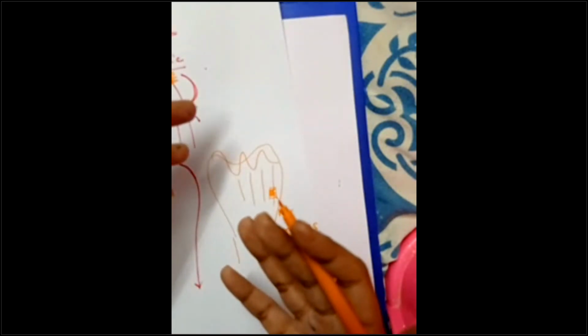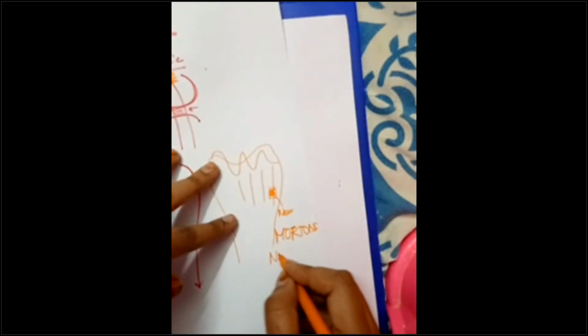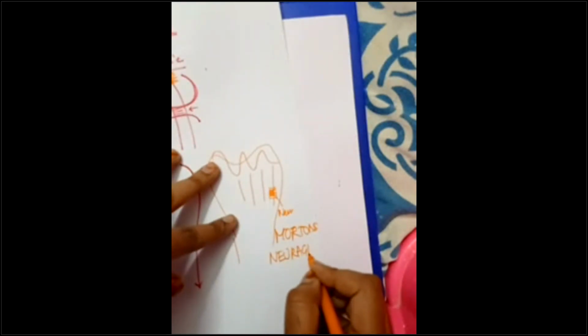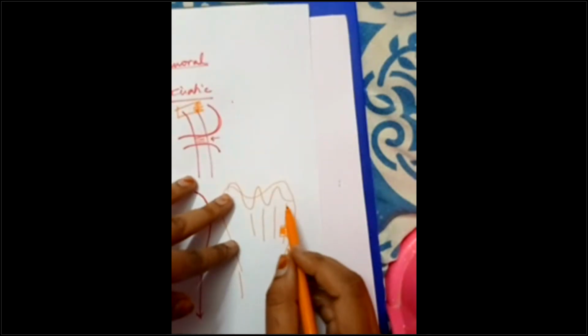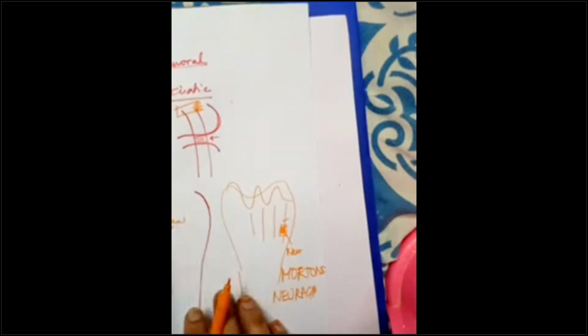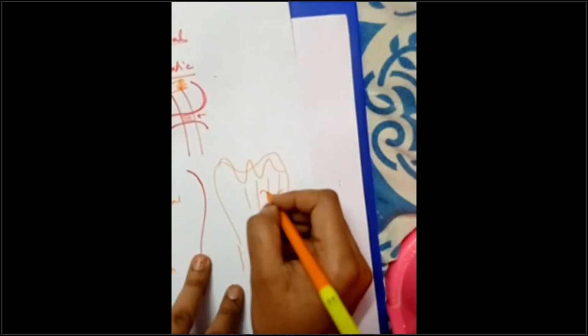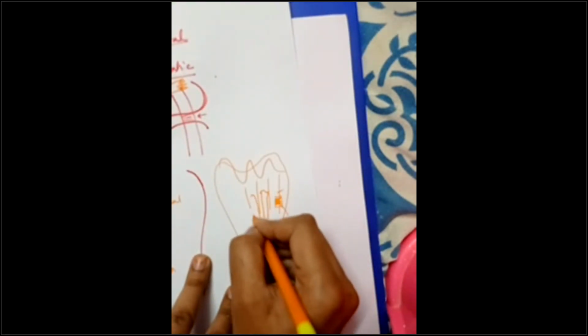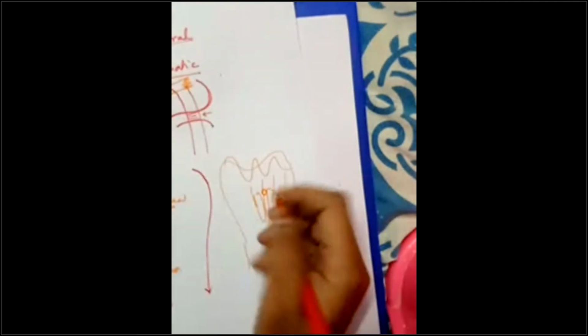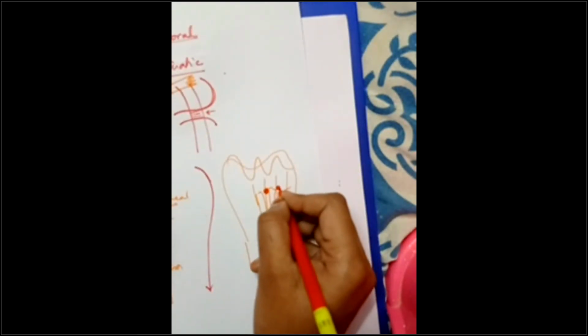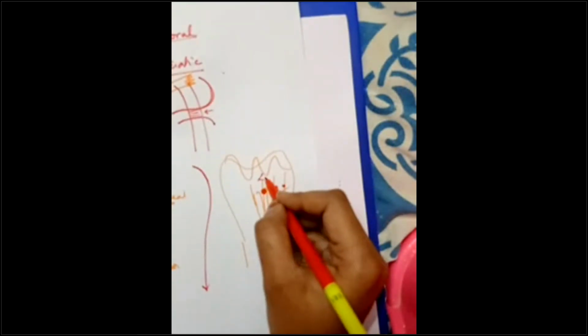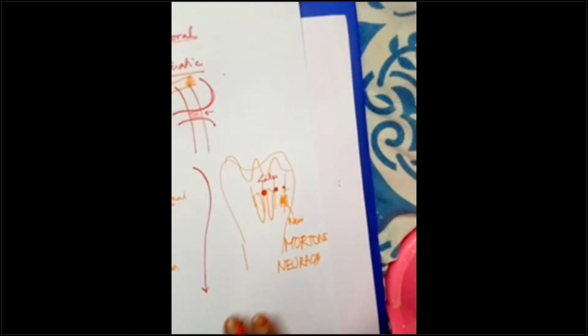The pain arising from this neuroma is Morton's neuralgia; neuralgia means pain. It is due to a neuroma of these digital nerves, between the heads of the metatarsals. You get neuromas in the lateral plantar and medial plantar digital nerves.